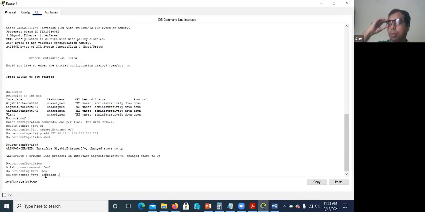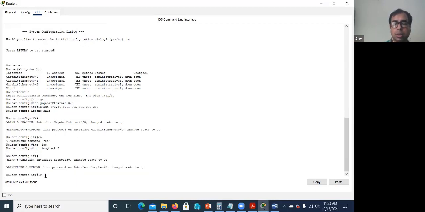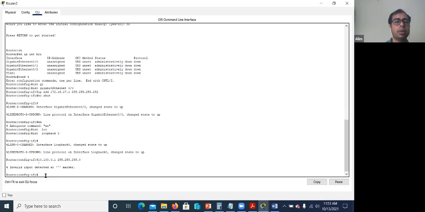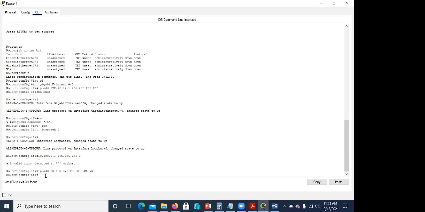Sometimes some interface may be down for some reason. Loopback interface 0 is created, given one IP address of 10.100.0.1. It is now like a normal interface. What's wrong? Oh, sorry. What are just the IP addresses? IP address. Okay.